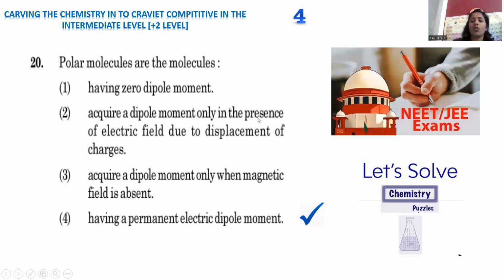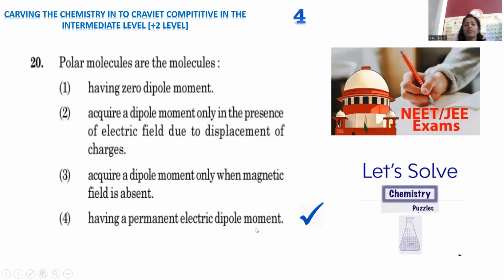Acquire the dipole moment only in the presence of an electric field? No. In polar molecules, electrons are slightly displaced, so dipole moment is generated every time, not in the presence of an electric field only. Acquire the dipole moment only when the magnetic field is absent? Not like that. This is not related to electric field and magnetic field effects.